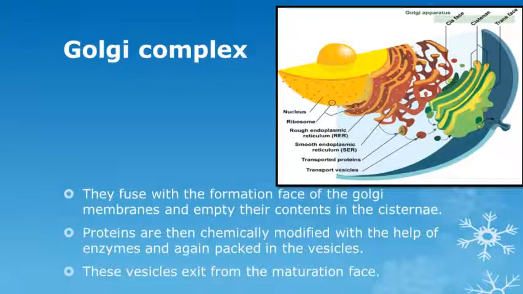Proteins are then chemically modified with the help of enzymes and again packed in vesicles. That means first the proteins come from the endoplasmic reticulum, through the formation face or the fusing vesicles. Then those proteins and lipids are modified by the enzymes in the cisternae, and these vesicles exit from the maturation face.